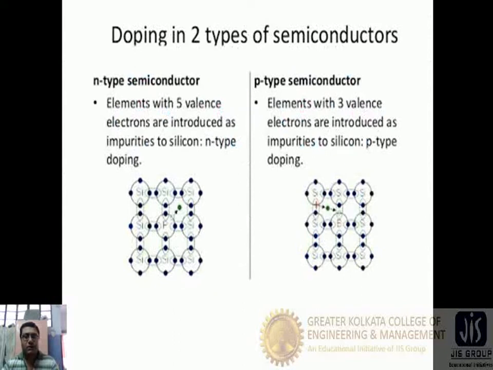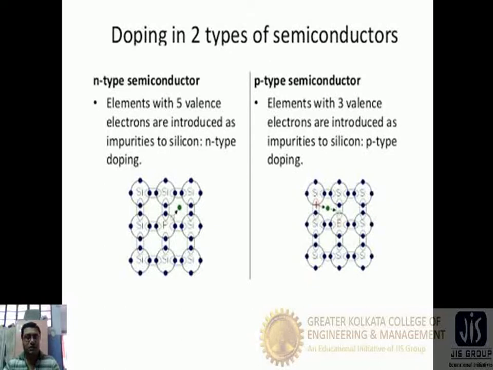So there are two types of adding impurities to a pure semiconductor. One is the n-type semiconductor, another is the p-type semiconductor. In the n-type semiconductor, elements with 5 valence electrons are introduced as impurity to pure silicon, known as n-type doping.